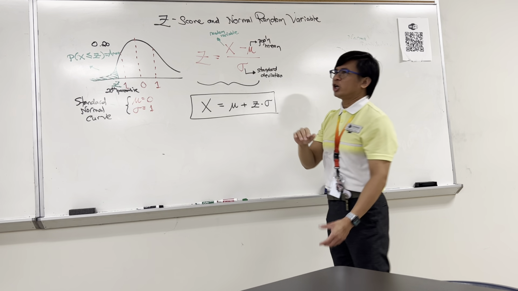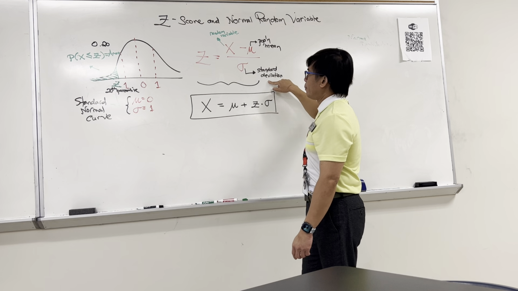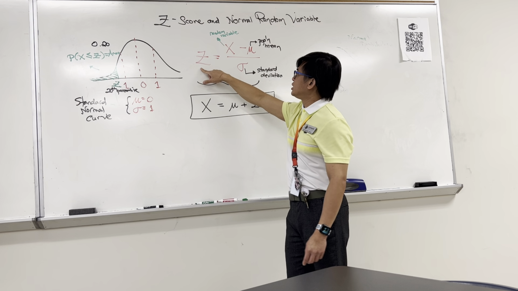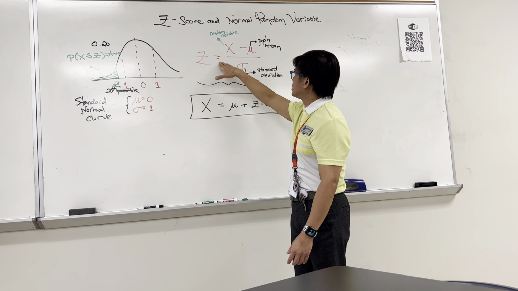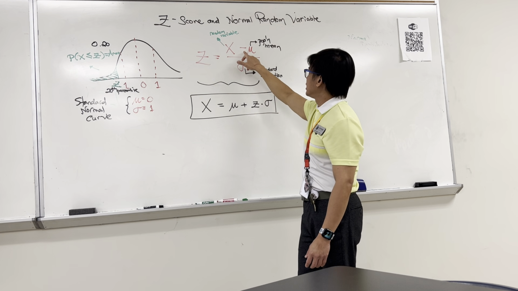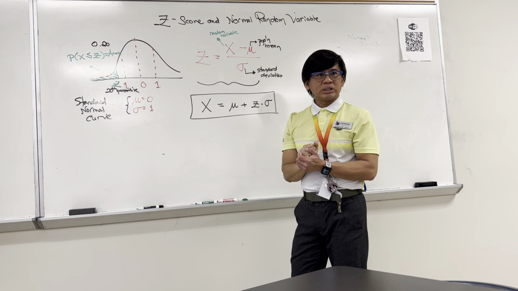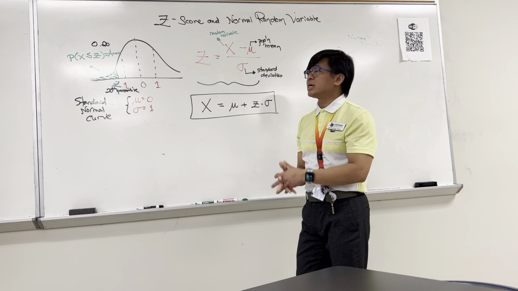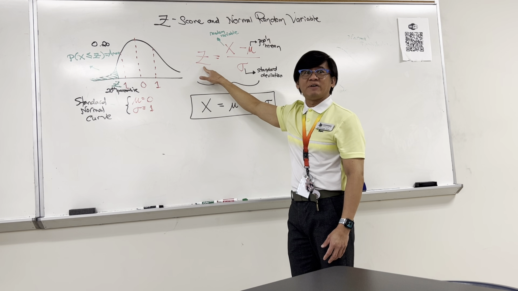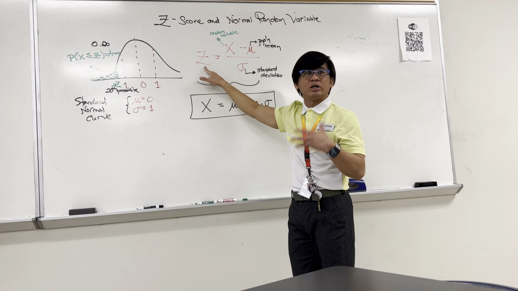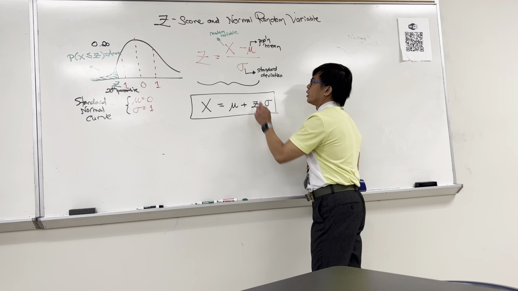Now, in terms of formula and relationship between the population mean, the population standard deviation, the z-score, and the random variable, here it is, that the z-score is equal to the random variable x minus the population mean all over the population standard deviation. In some cases, if you need that value of x and you are given already that value of z, typically z will be on a z table of values, then we can use this formula, okay?